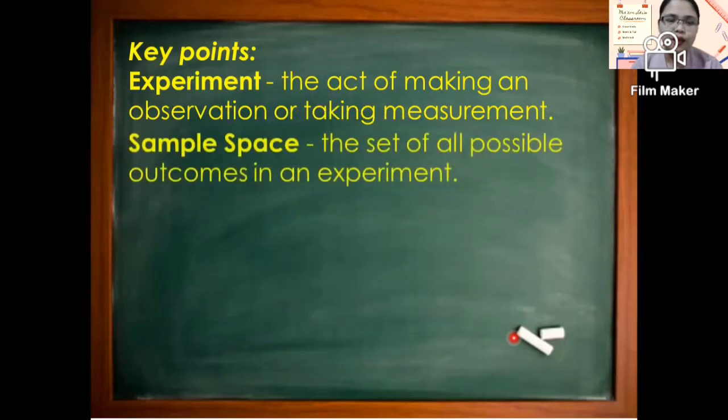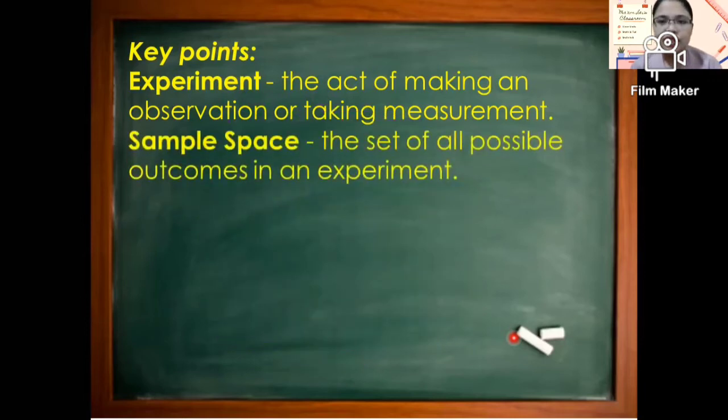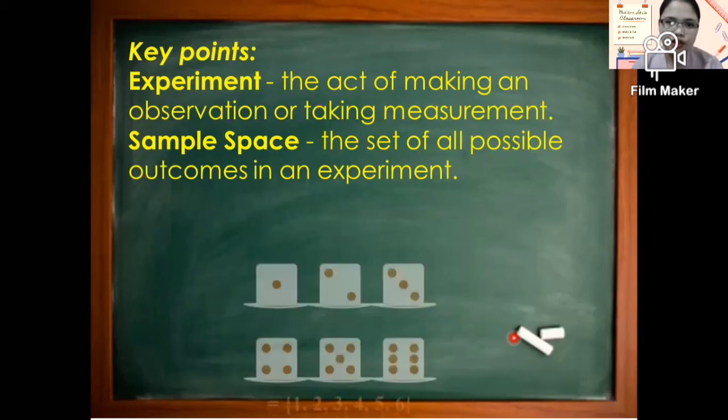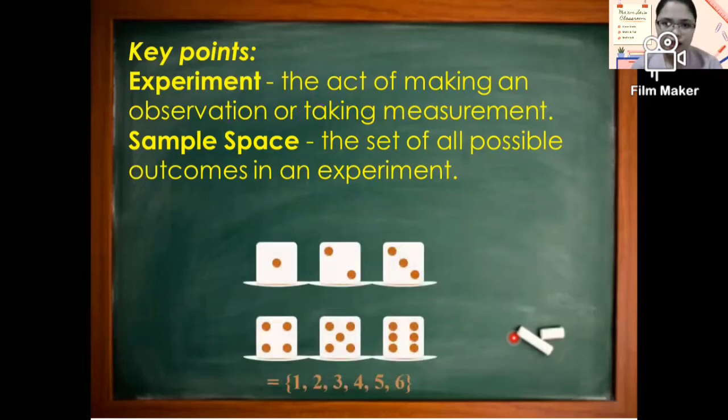Next key point, the sample space, the set of all possible outcomes in an experiment. Halimbawa, yung experiment natin kanina ay rolling a die. So ano ba yung sample space? Ito po yung kanyang sample space. Sabi nga po, the set of all possible outcomes in an experiment. Since ang ating experiment kanina ay rolling a die, the sample space is a set of numbers from 1 to 6.